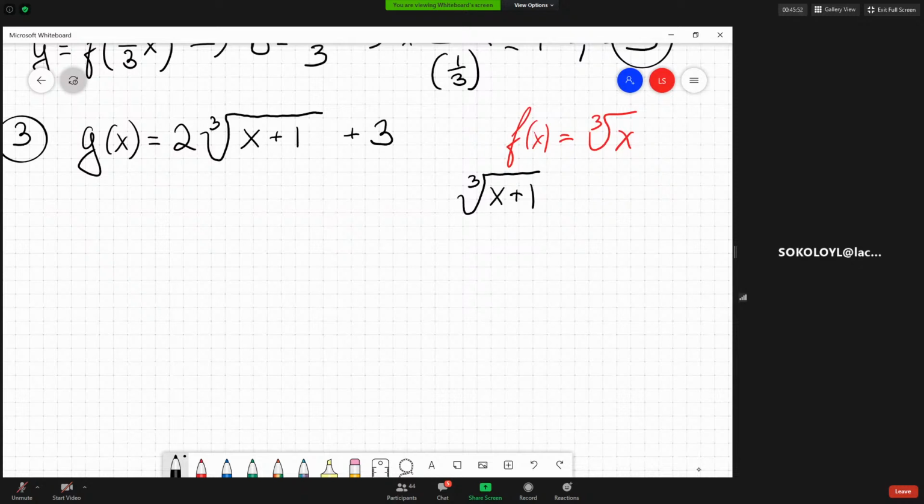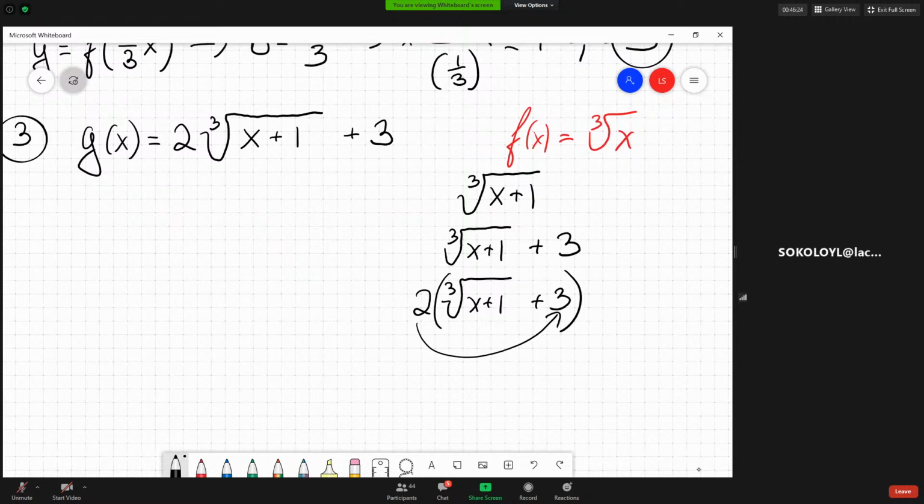Then let's say my second step, I add 3 to the new function. And then my third step, let's multiply the new function by 2. Let's see what that would give us. I would have to multiply the whole thing by 2, and this 3 would also get the 2 distributed to it, and that would not give me the function that I'm trying to graph. It would give me a plus 6.